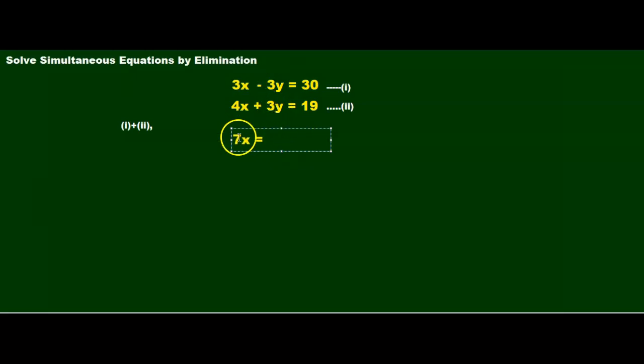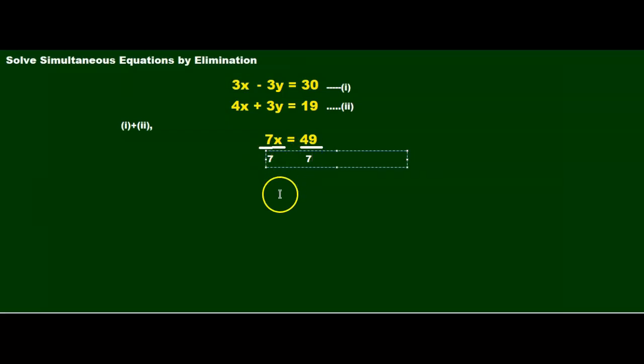That leaves me with 7x equals 30 plus 19 gives me 49. Divide both sides by 7 to get rid of the 7 in the 7x. That leaves me x equals 7.